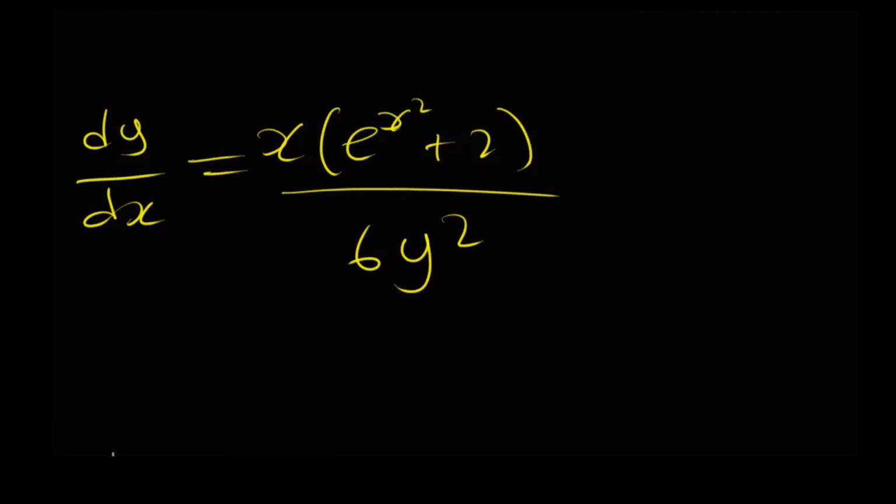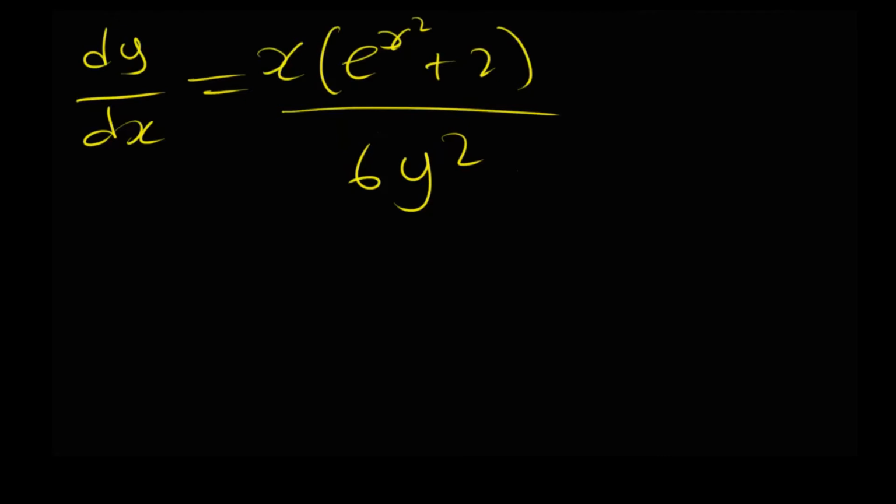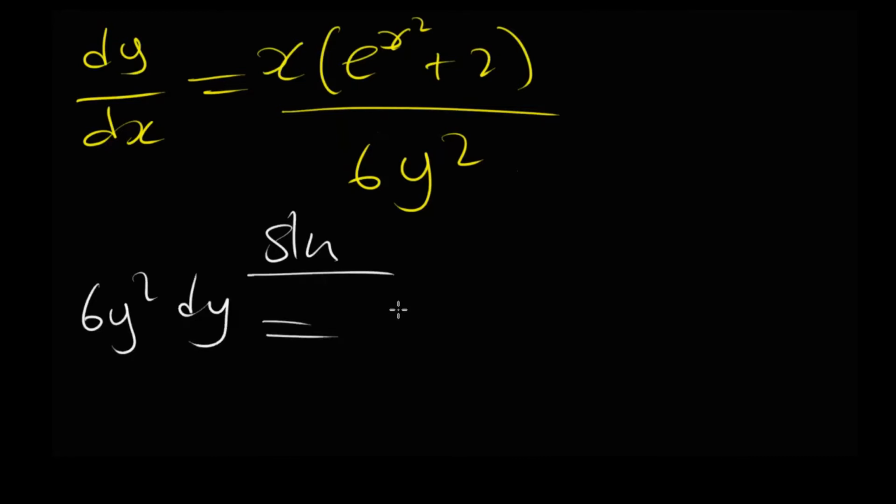Yeah, exactly. That's what we can do. So it will multiply, so 6y squared dy equals e to the x squared times 2x dx.